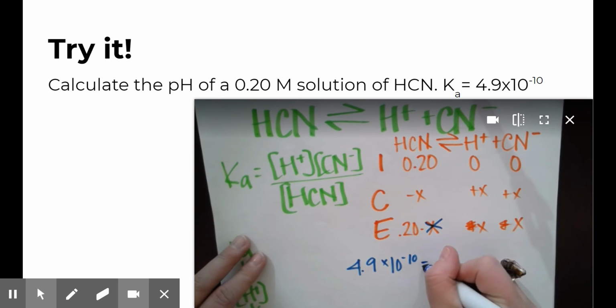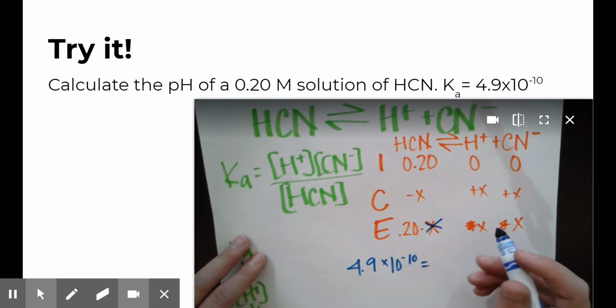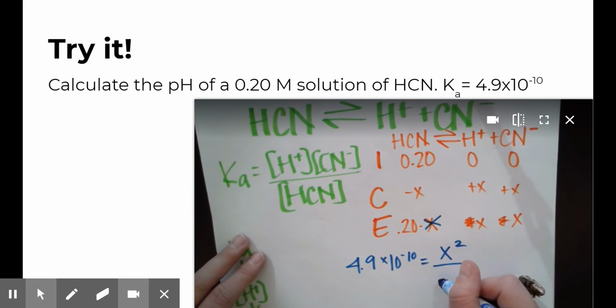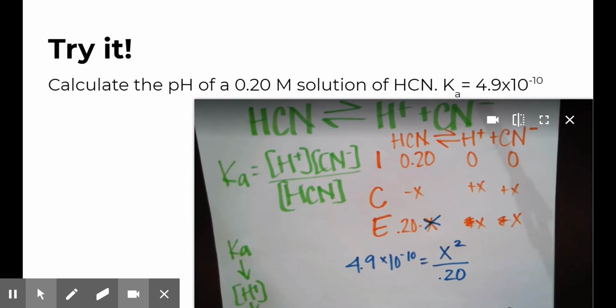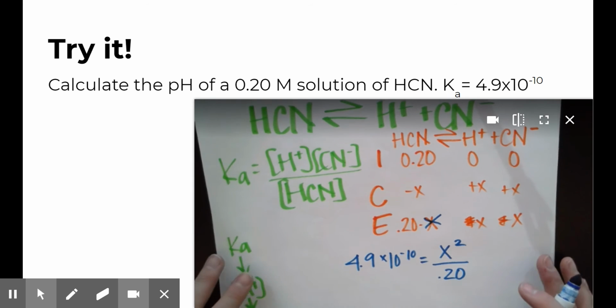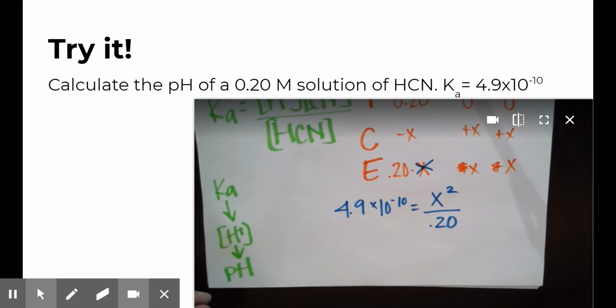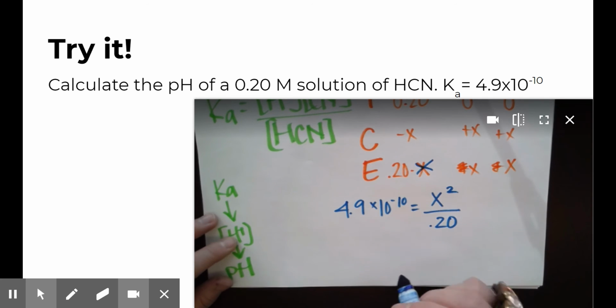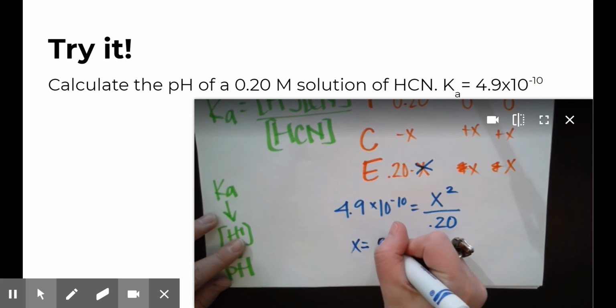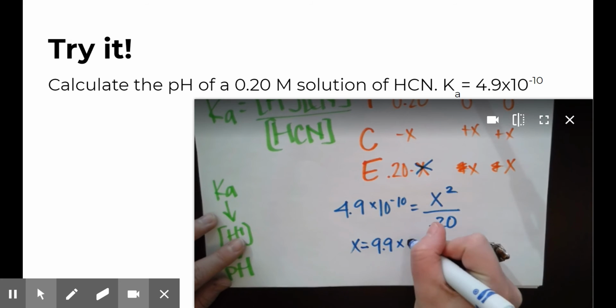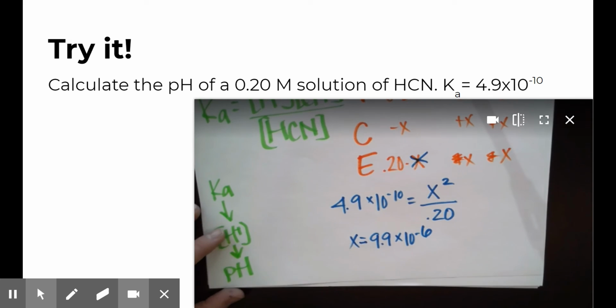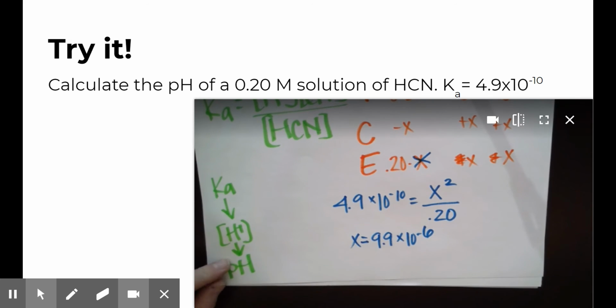We're going to be equal to x squared over 0.20. Nice. So solve for x. You should have gotten that x equals 9.9 times 10 to the negative 6. Now solve for the pH.